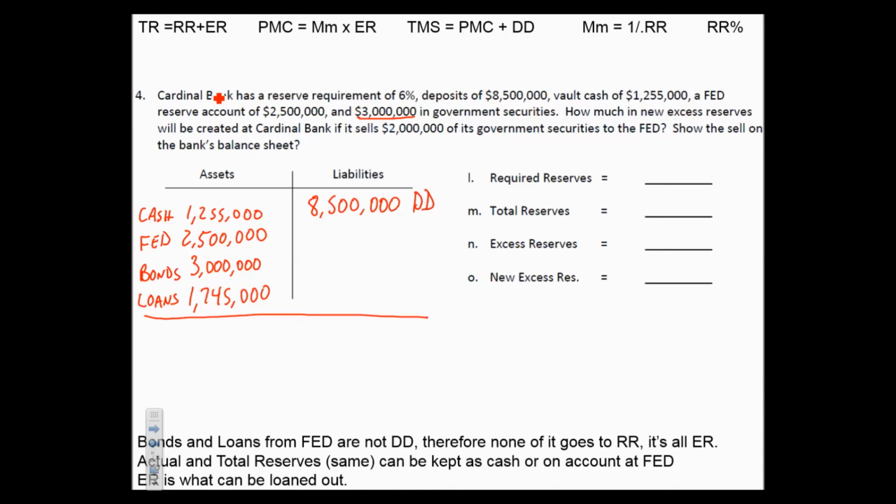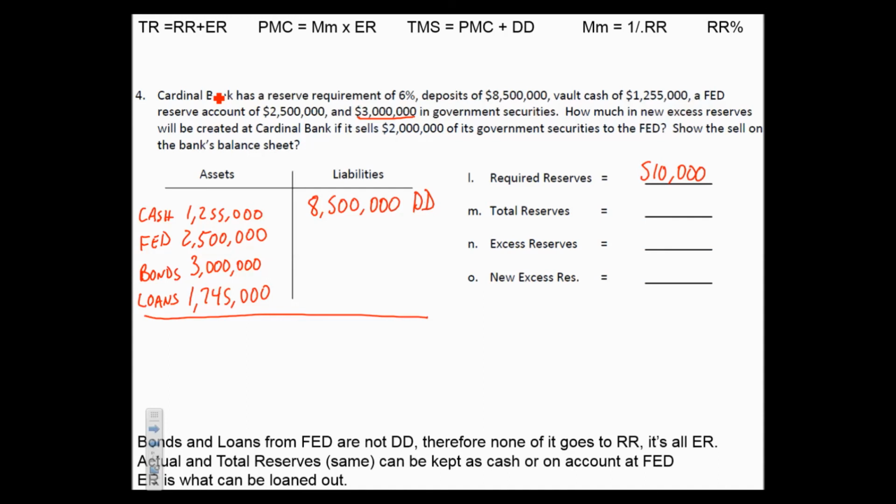Required reserves are 6% of its demand deposits. I don't know what that is. Of this. Is it 510? Yeah. Good. He's cheating. He's calculating in his head.